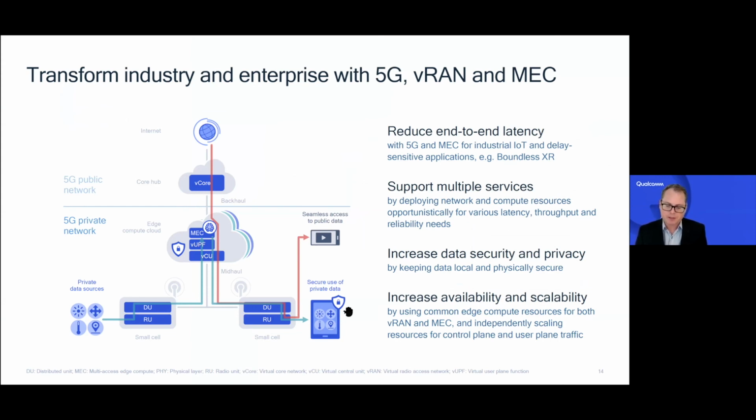So if we look at this end-to-end opportunity of how we're able to say reduce latency or support multiple services, or even increase data security and privacy where data is being kept local and physically secure. So these all work together to increase this scalability and then also availability. So the role of, in our view, vRAN and mobile edge compute, they go hand in hand to transform some of these particular industrial opportunities for 5G.